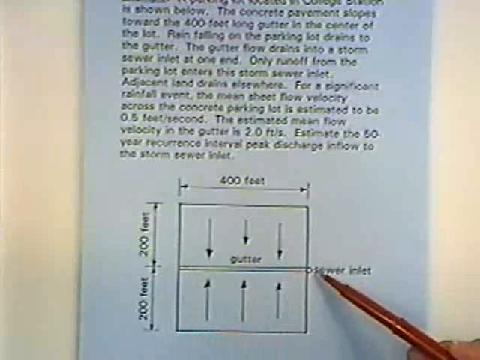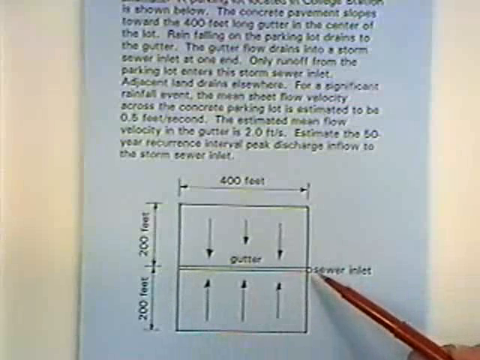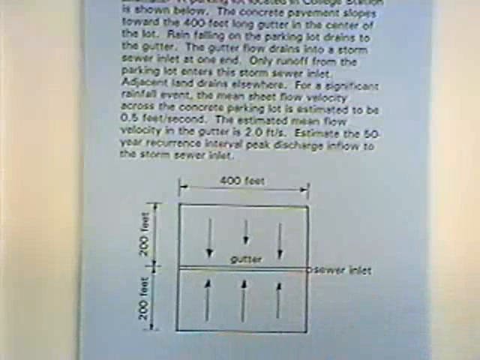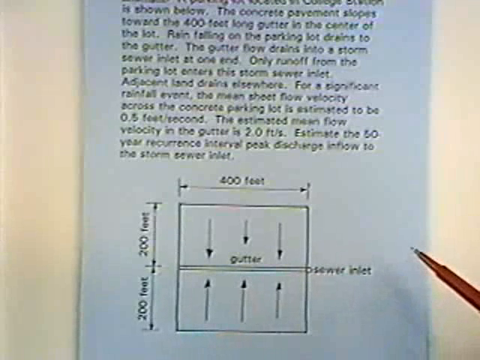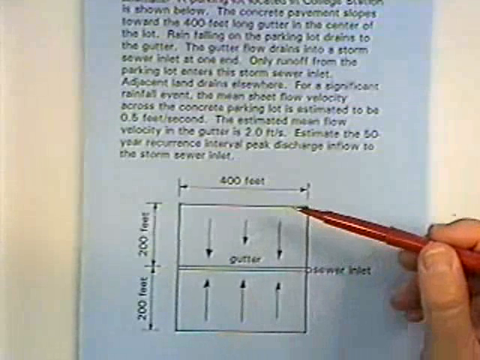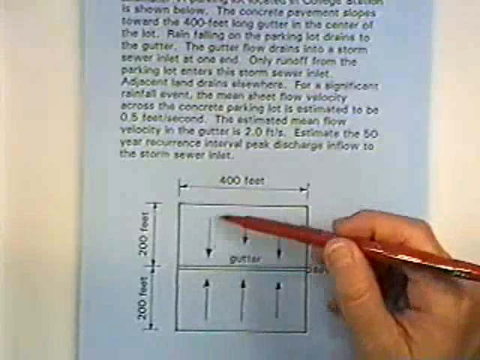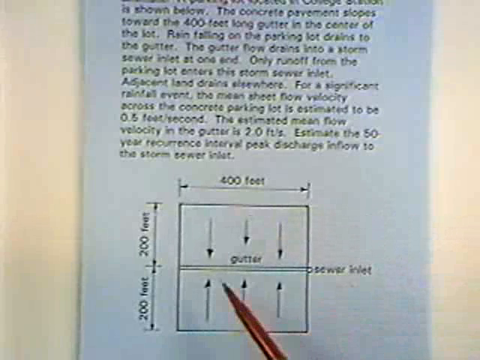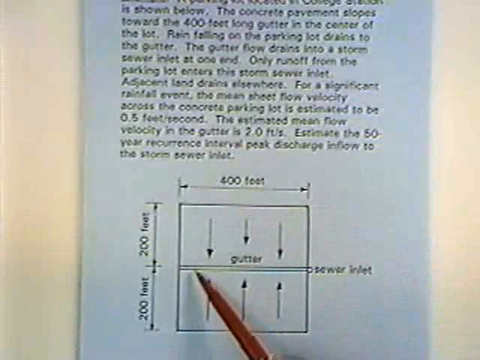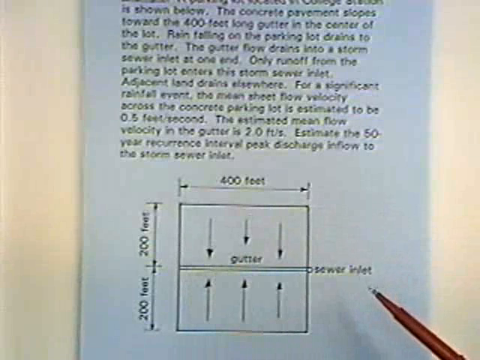We want to design the storm inlet, so we want to know the discharge that we've got to design the storm inlet for. Some information is given. We're estimating that the sheet flow velocity is a half a foot per second coming across the pavement. Then once the water gets in the gutter, it flows at a velocity of 2 feet per second.